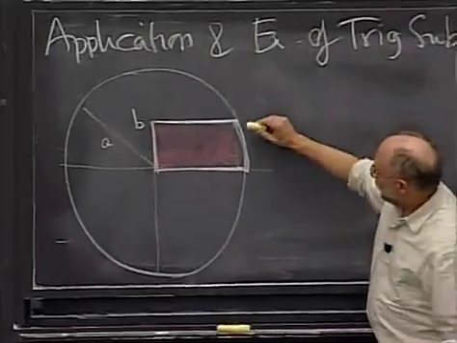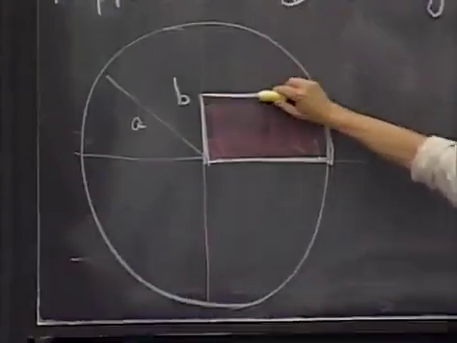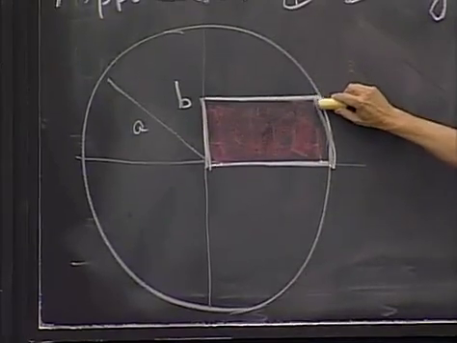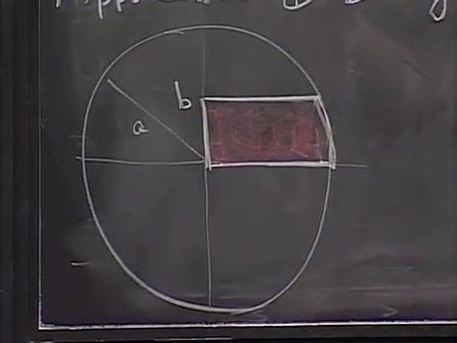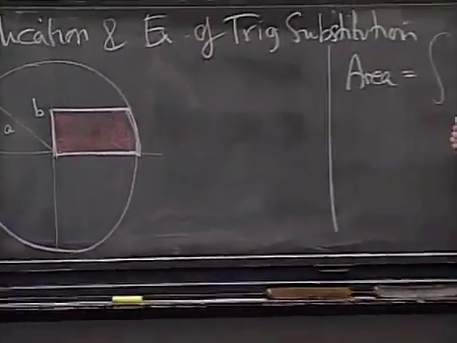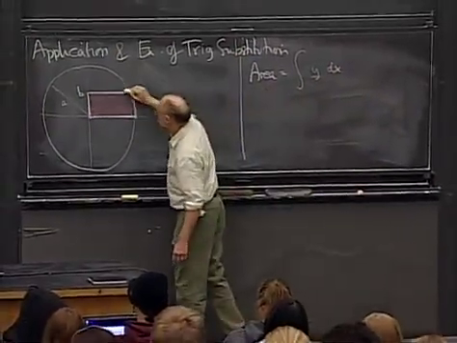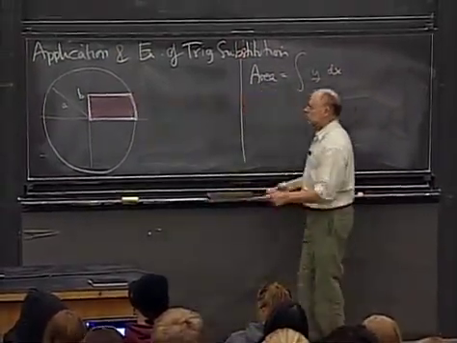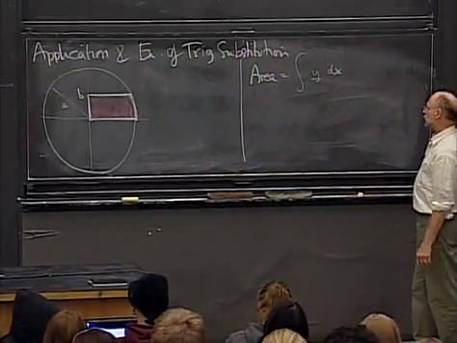But that's a little bit awkward because my formula for y is going to be a little strange. It's a constant value of b along here, and then at this point it becomes this arc of the circle. So working this out, I could do it, but expressing y as a function of x, the top edge of this shape, is a little awkward and takes two different regions to express.